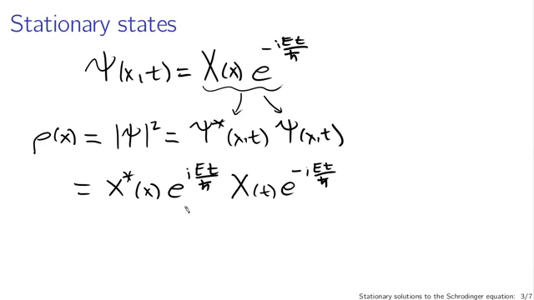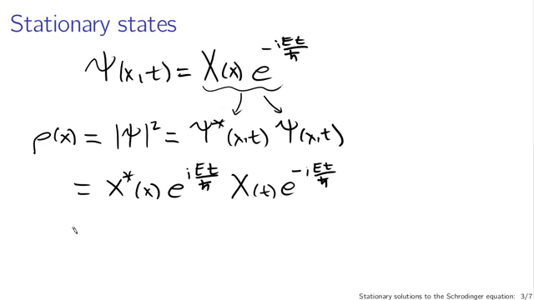Now, multiplying these things together, there's nothing special about the multiplication here, and these are complex conjugates of each other, so they multiply together to give the squared magnitude of each of these numbers, which, since these are just complex exponentials, is magnitude 1.